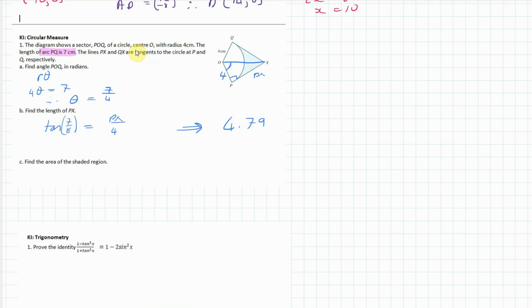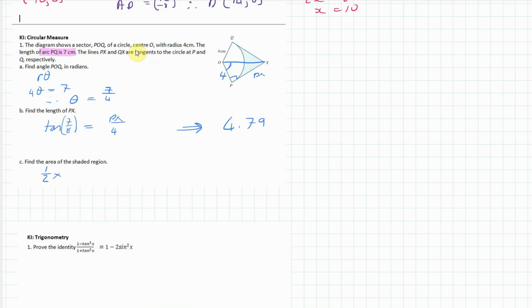Okay, so what we're going to do is find the area of the two triangles, which would give us everything. It's going to give us all of this and all of this. So the area of the two triangles is two lots of half times base times height. Now, we know what base is.